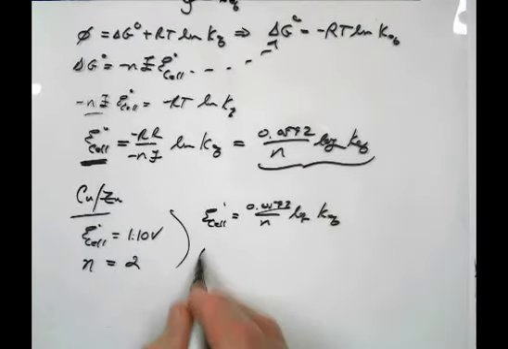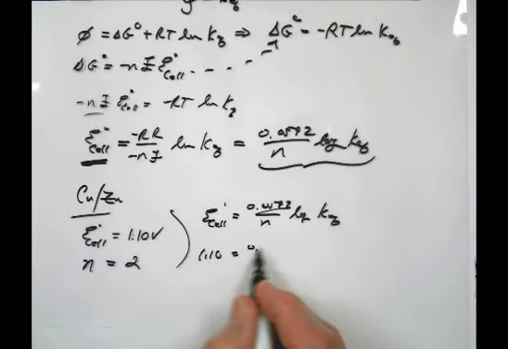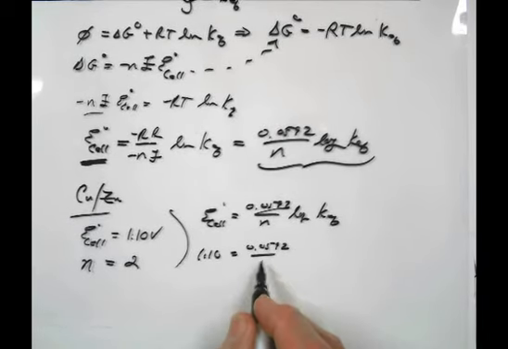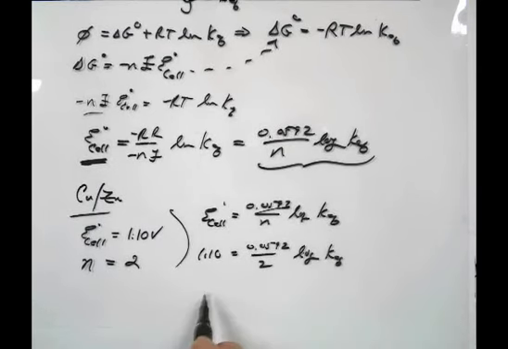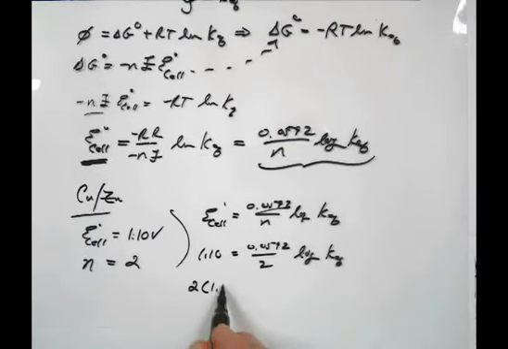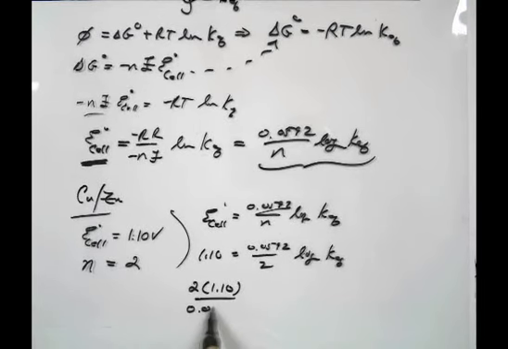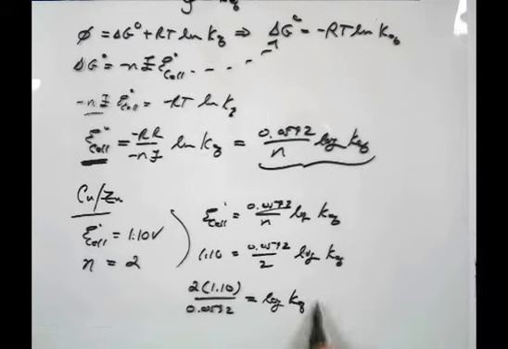Like that. So that'd be 1.10 equal to 0.0592 over 2 log of whatever the EQ is. And so that's 2 times 1.10 over 0.0592 to equal log KEQ.